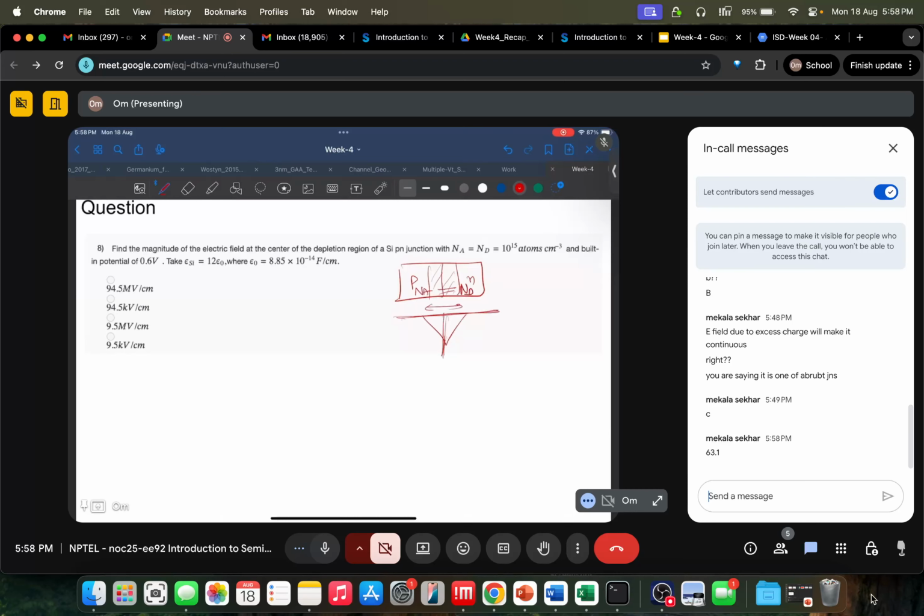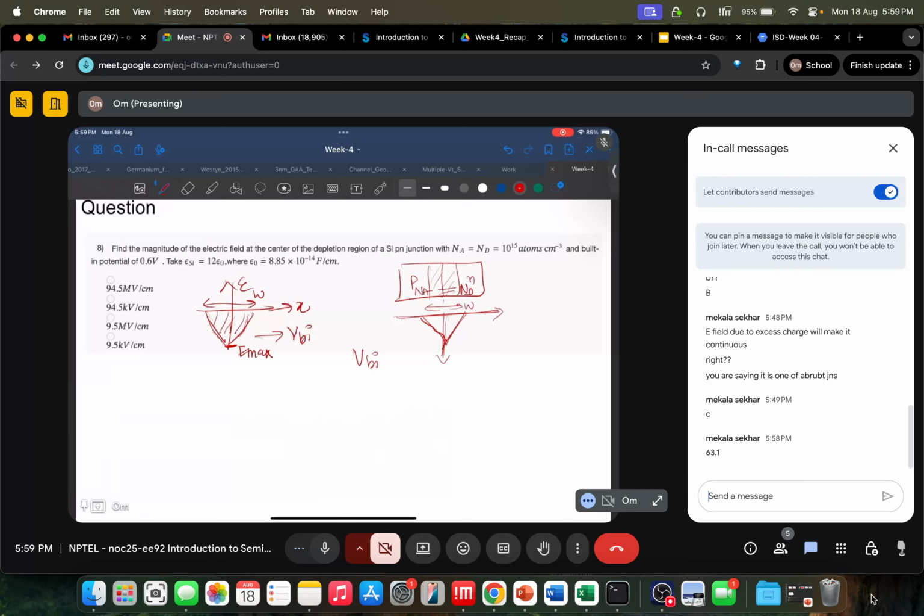So this is the multiplication with W to the electric field, and this is what we get. So basically, the built-in potential VBI as we saw is the integration of the E versus X curve, right? The area under this curve gives us VBI. This is W, and this is your Emax point.